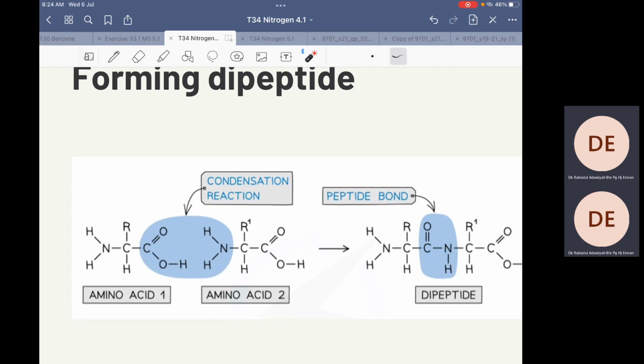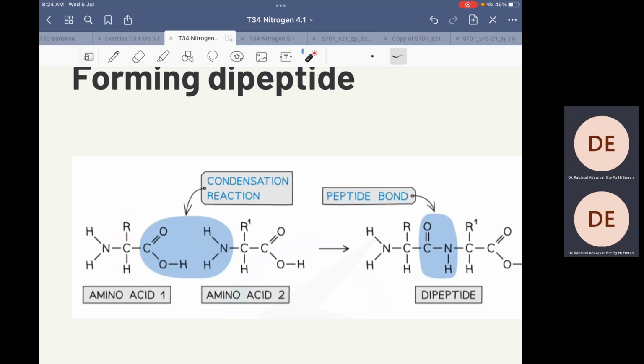During the formation of a dipeptide, the only two functional groups that are involved are the amine and the acidic group. The R group and the hydrogen will not be involved. Okay? So I usually put R and H out of the way.